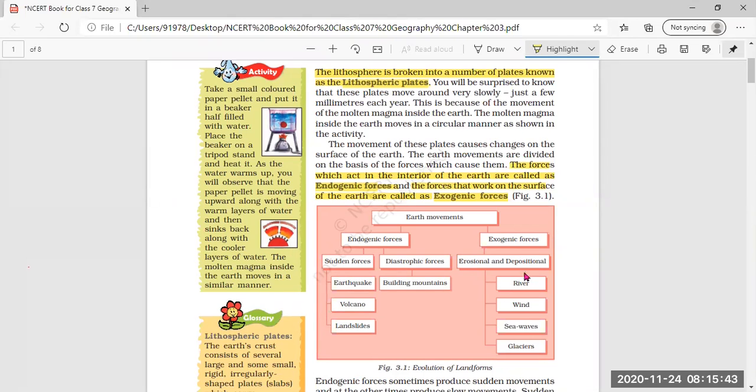The examples are rivers, wind, sea waves, and glaciers. Due to these, material is taken from one place to another place. That is, at one place erosion is being done, and at another place deposition, meaning it is deposited at the other place. So these types of forces are called exogenic forces.